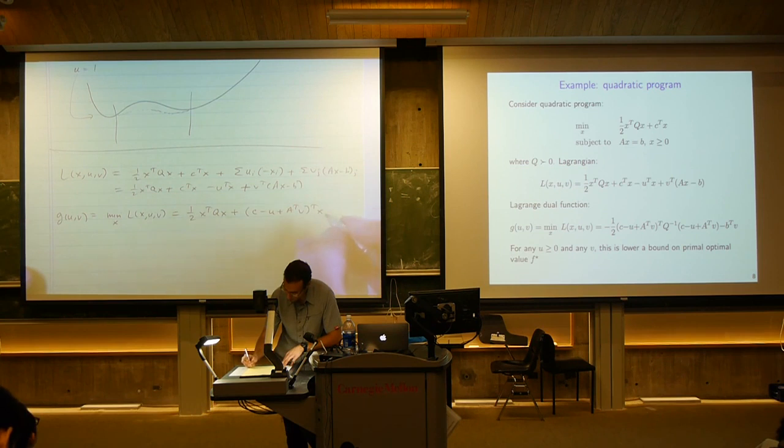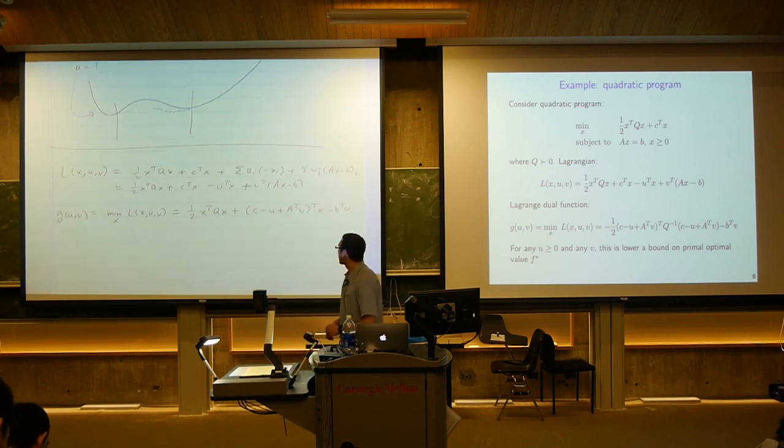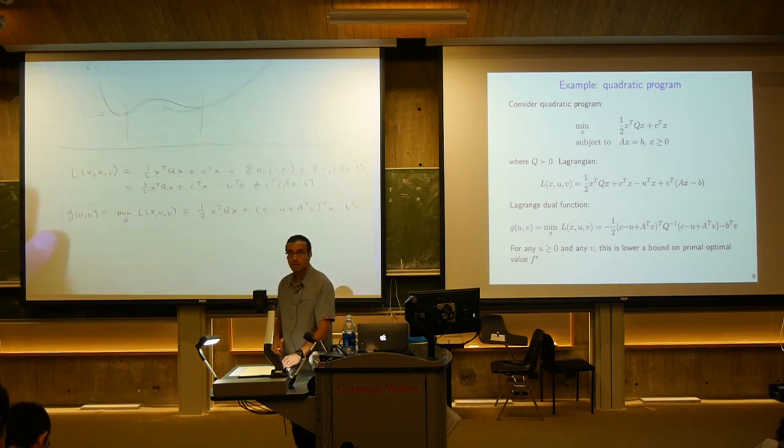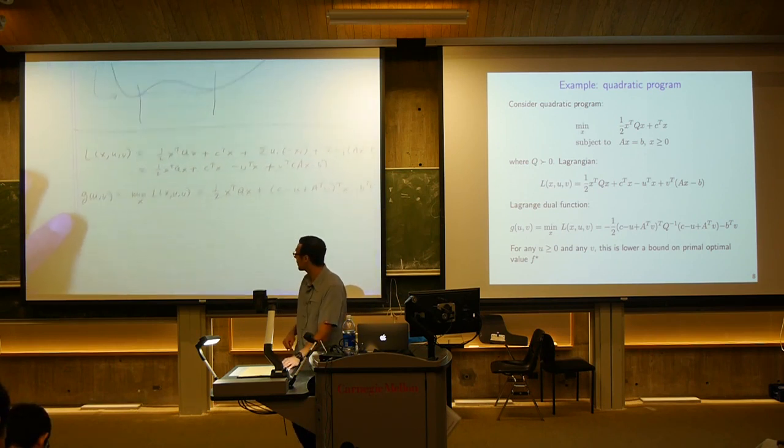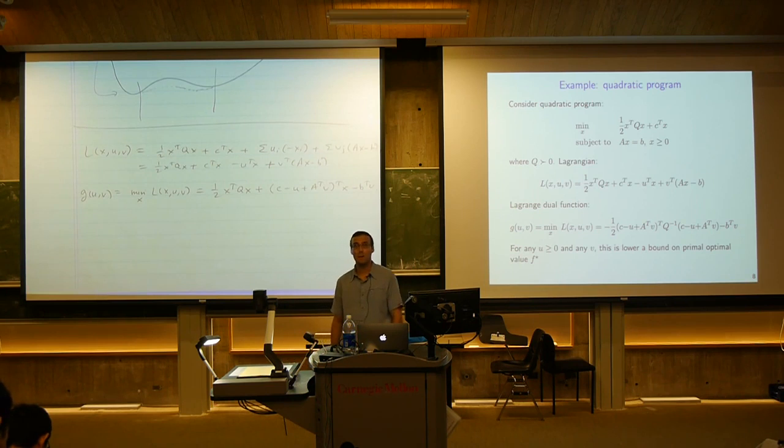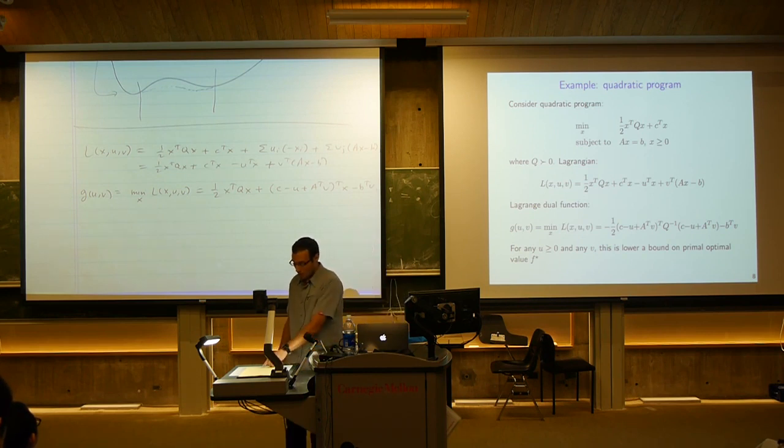And then there's just this term, minus b transpose v. Okay, so what's the minimum of this over all x? How would you figure that out? I think I heard the suggestion: just take the gradient, set it equal to 0, right? Which we can do.